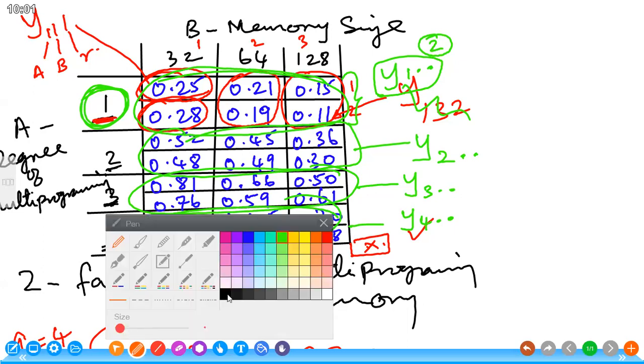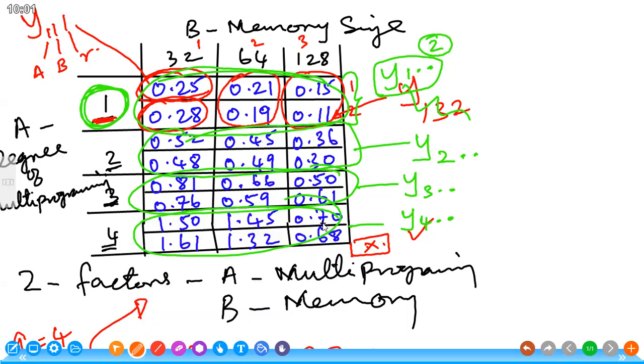We are taking the average, dividing by 6. How does this 6 come? How can we explain this 6? It is the levels of B and the number of replicates. Multiply these two.